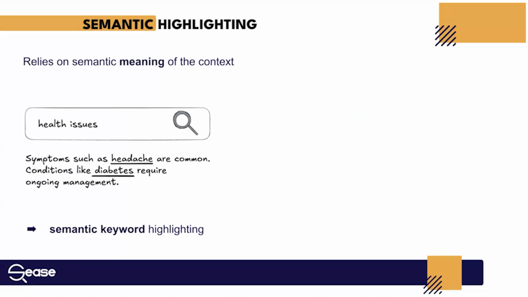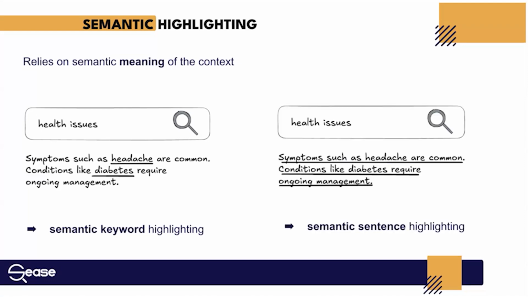Whereas in semantic sentence highlighting, we highlight the entire sentence if it is semantically similar to the search query. In our case, both sentences contain health problem related content, so we highlight the whole sentence.